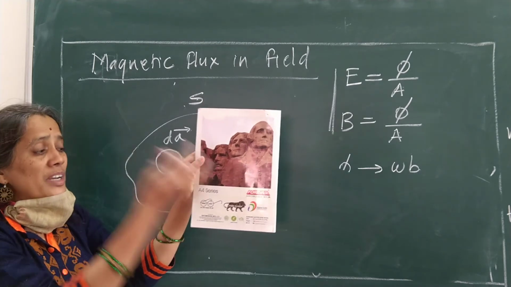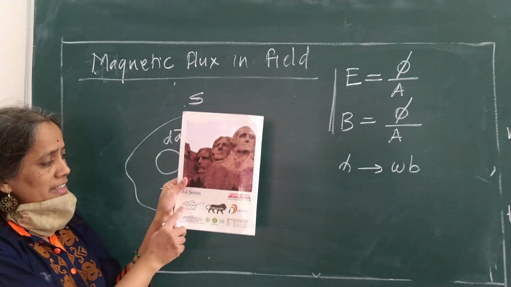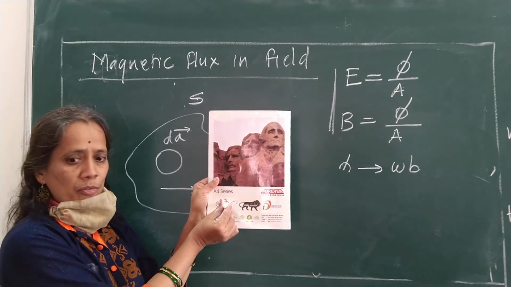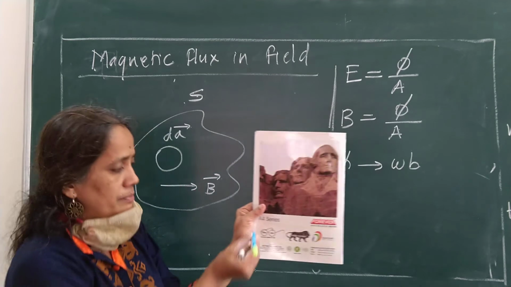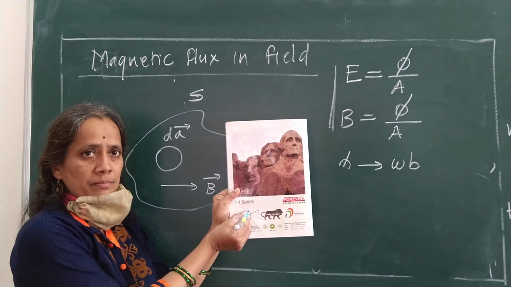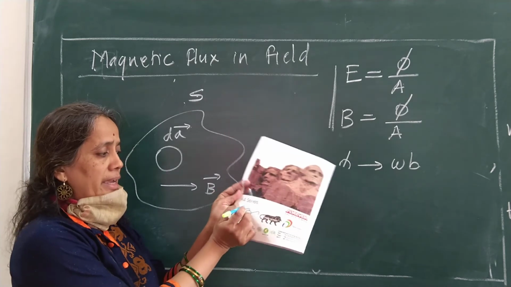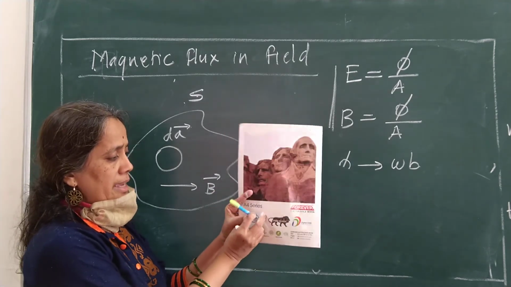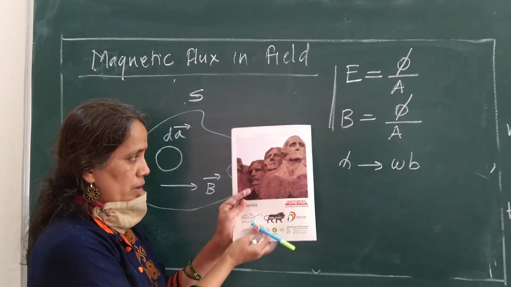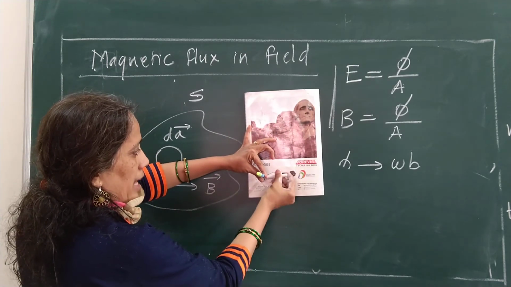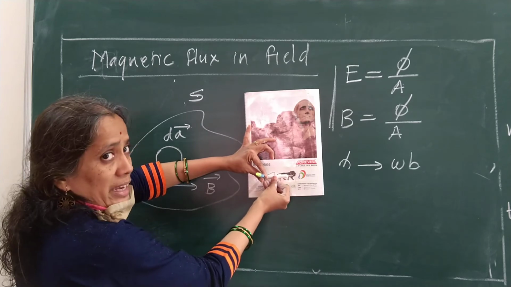Right? If I am considering the opposite thing, that this is my selected area, the perpendicular component will be shown by this blue pen. Perpendicular component of the area. And if my magnetic field is lying in the plane, like this, so the chalk will indicate magnetic field.